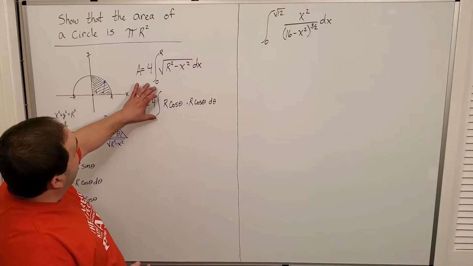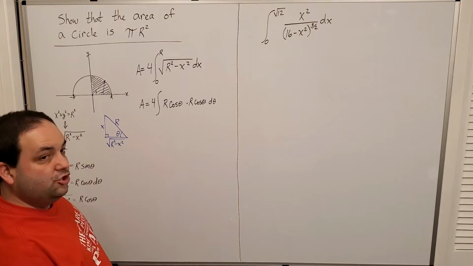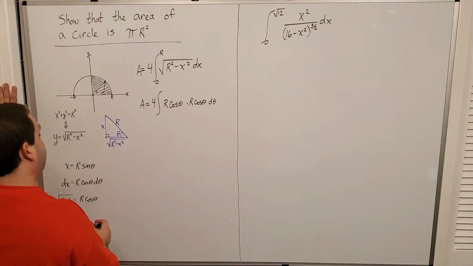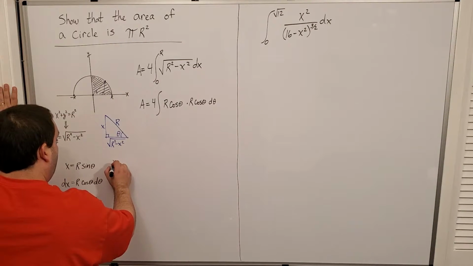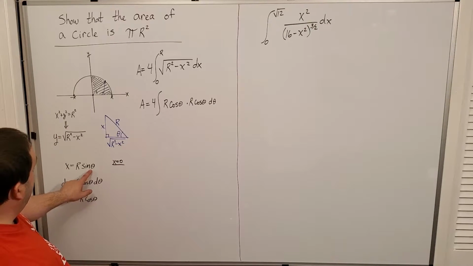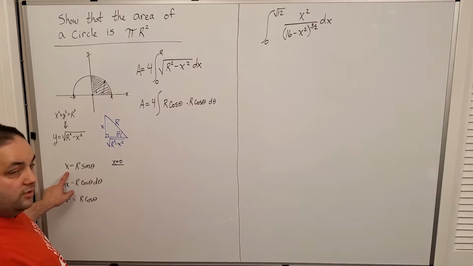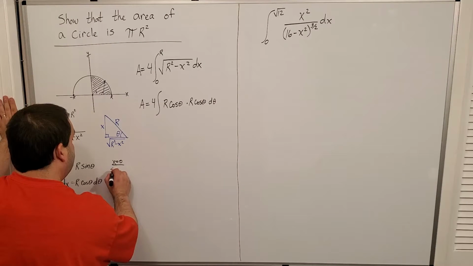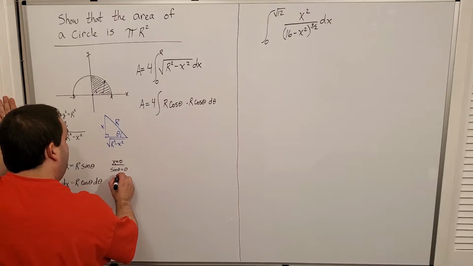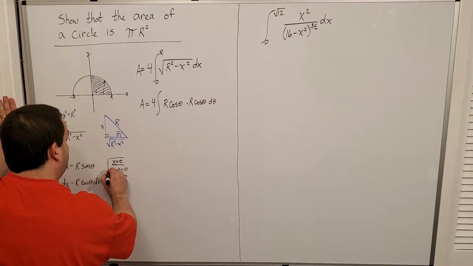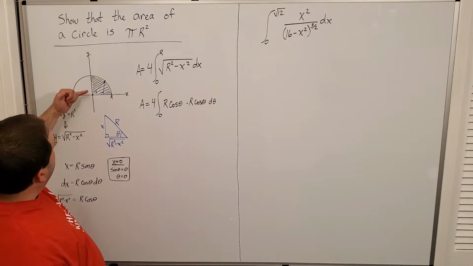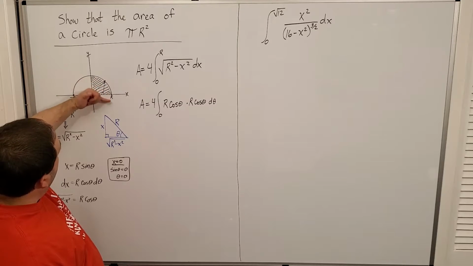And then the limits of my integration I can change. When x is equal to 0, then sine theta times r equals 0. So in other words, sine theta equals 0, or in other words, theta is 0. And that makes sense, because we're going to do theta equals 0.